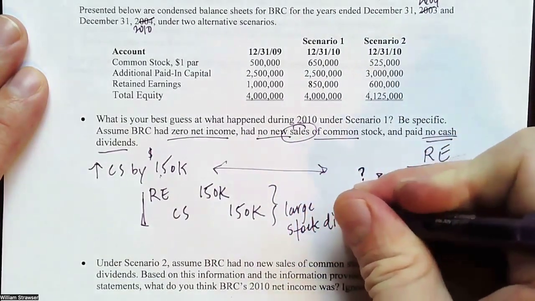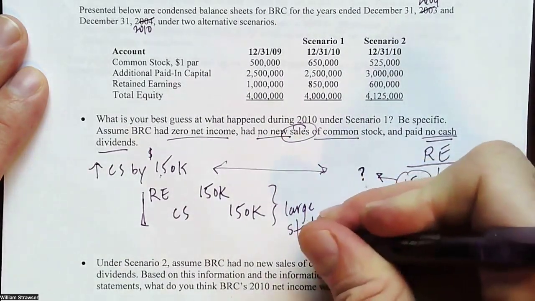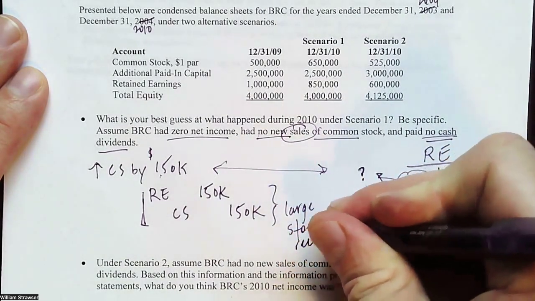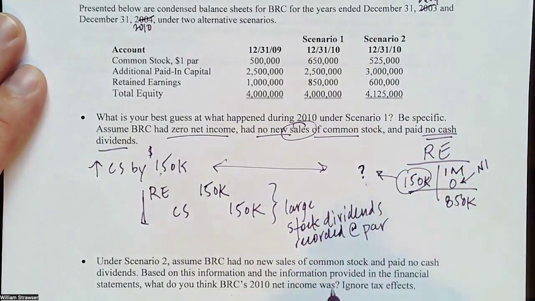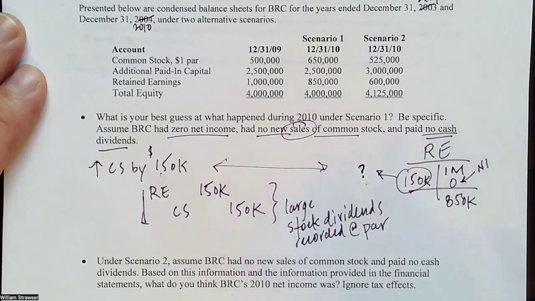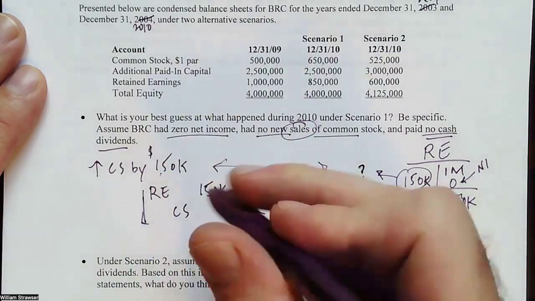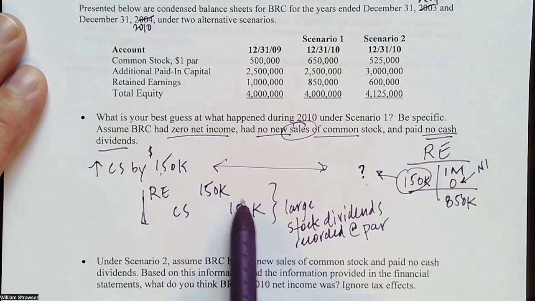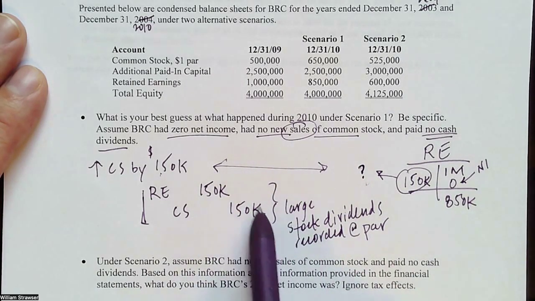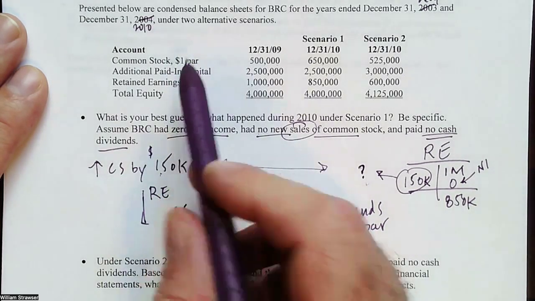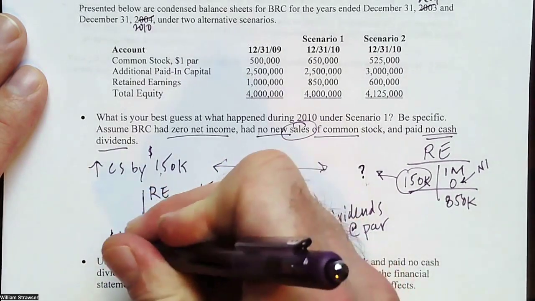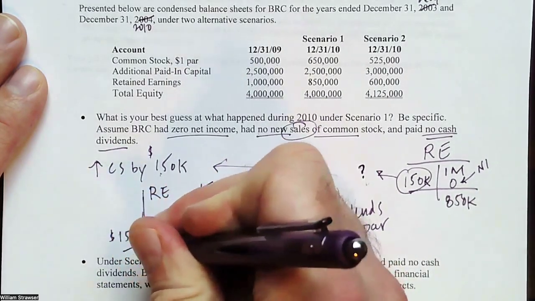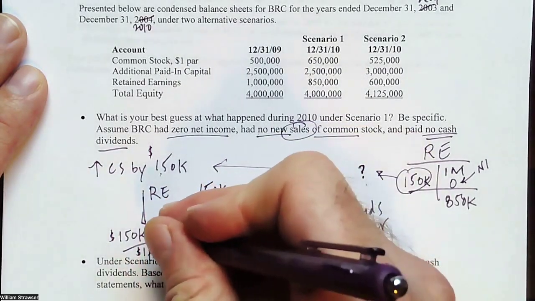Because remember, large stock dividends are made at par value. So not just a large stock dividend, but we can actually calculate the percent of the large stock dividend. It was 150,000 shares. And we know that because common stock went up by 150,000 and the par value is $1. So that total transaction of 150,000 divided by the $1 par tells us the number of shares.